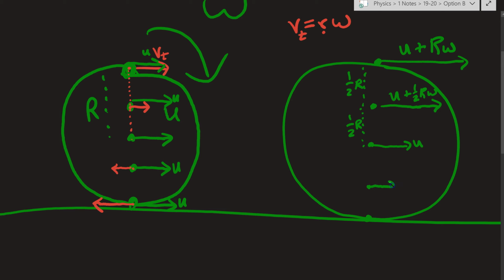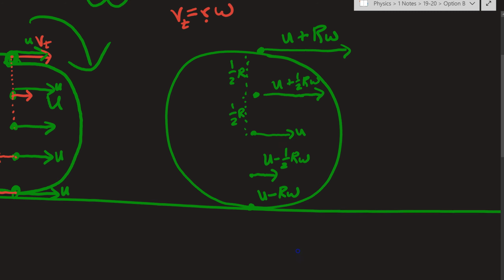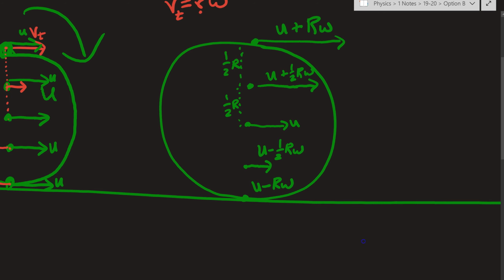This one would be actually u minus 1/2 r omega, and this last one would be u minus r omega. And so this bottom point is of note.